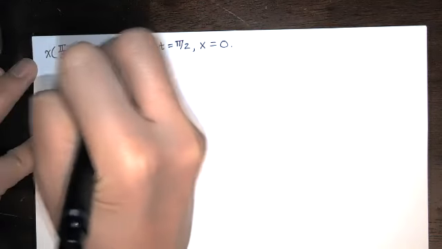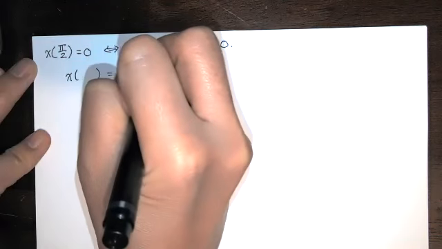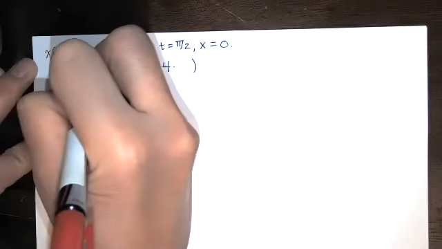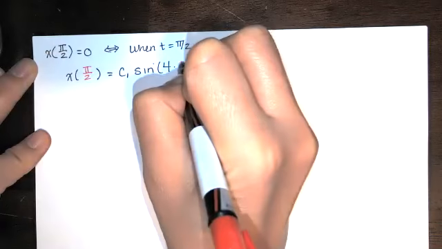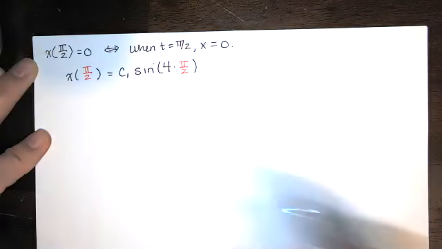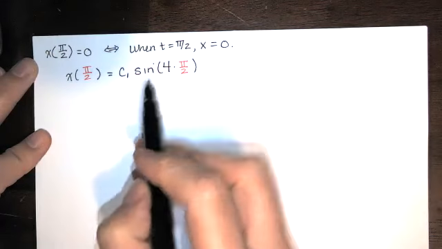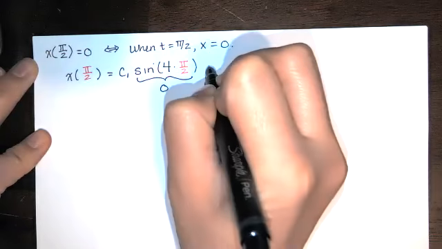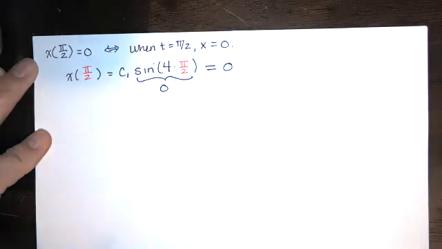So I've got x of t equals C1 times sine of 4 times t. I just replace t with pi over 2. So this is sine of 2 pi, and sine of 2 pi is 0. And that's equal to 0 regardless of what C1 is.